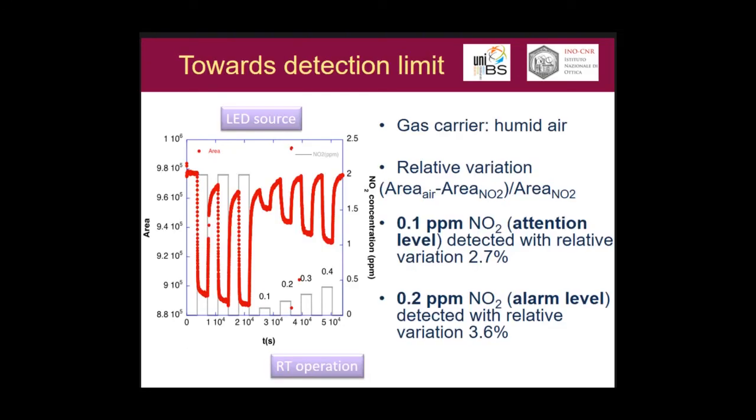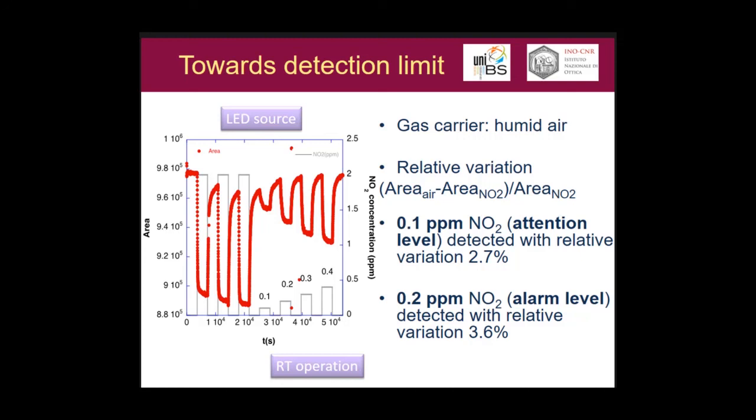And you can see here, if we put NO2 in humid air conditions, we have a very nice response at room temperature, which is a very good thing, for example, for detection of NO2 in explosive environments. You don't want to heat the sample in an explosive environment.